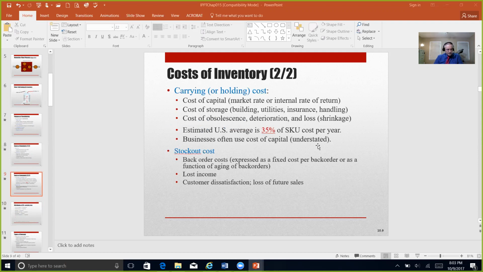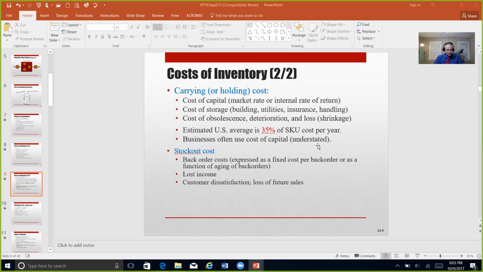And when you keep inventory over a period of time, you can imagine that there is a cost associated with that. Here we see as an example the cost of capital, the cost of storage, and the cost of obsolescence, which is certainly a part of that.